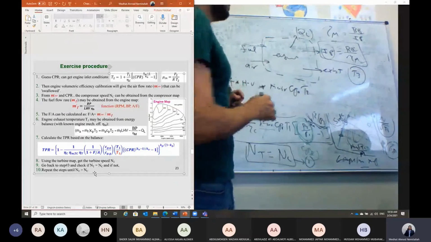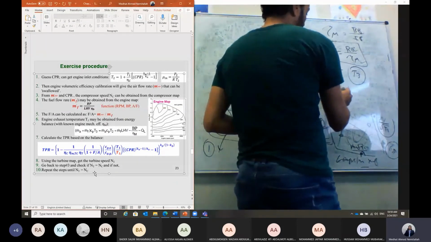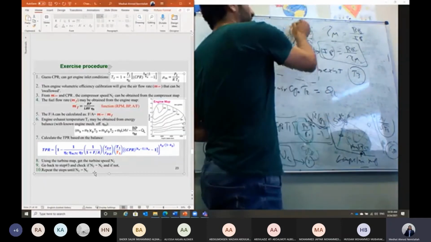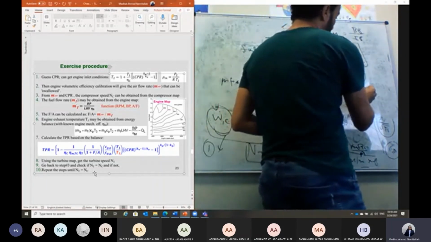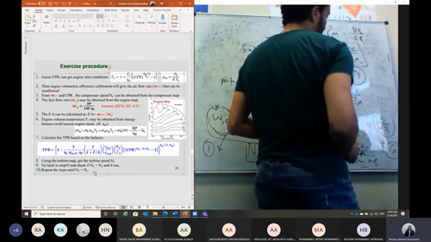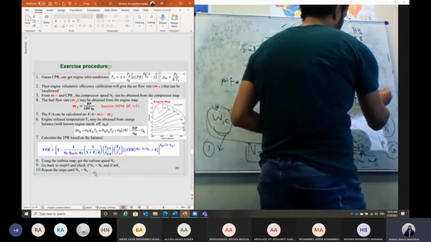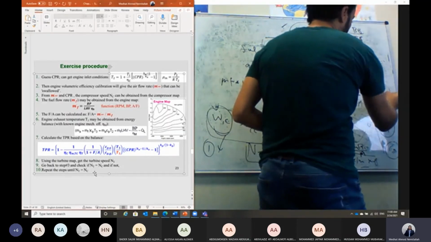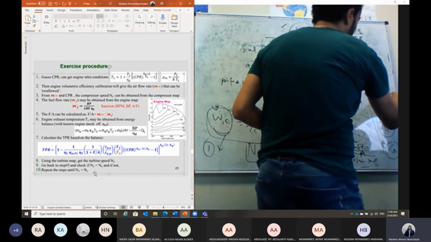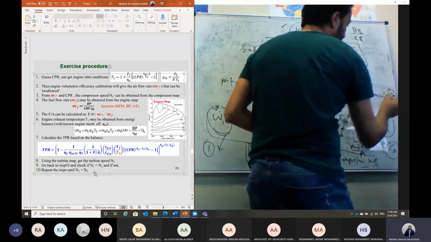T2 we have calculated. That should equal the heat lost to the cooling water. We can calculate it, so this value is known. Plus the brake power, which is known, divided by eta mechanical of the engine, plus m dot exhaust, which is m dot air plus m dot fuel, Cv gas, multiplied by the temperature of the gases leaving, which is T3 in this case.